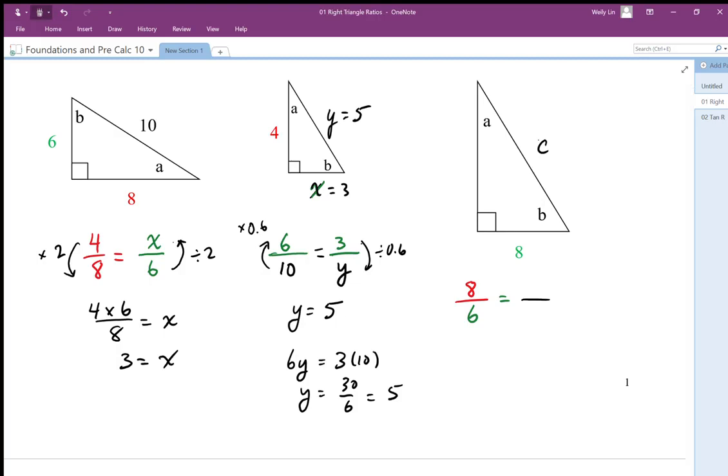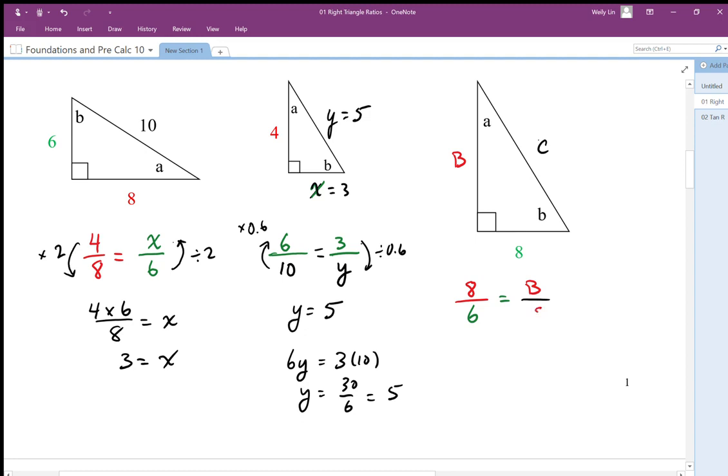That side B is next to angle A, so it goes with the adjacent. And so I'm going to do B, and then I need the side opposite to angle A.